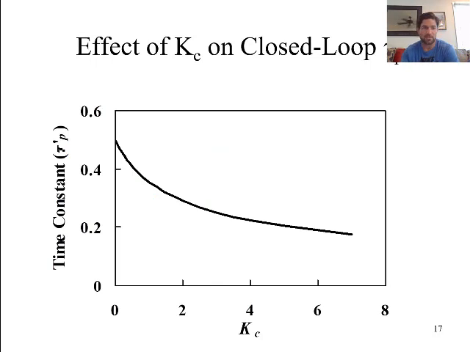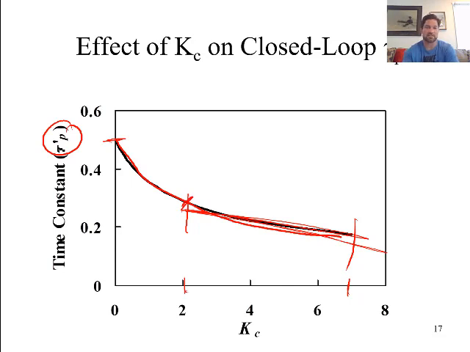So we can plot the time constant as a function of gain. As you increase the gain, the time constant initially comes down a lot and then eventually steadies out. Here you can see there's a marginal decrease in the time constant for values of 2 to 7, but you see a really large improvement as you turn the gain on and increase it up to 2.